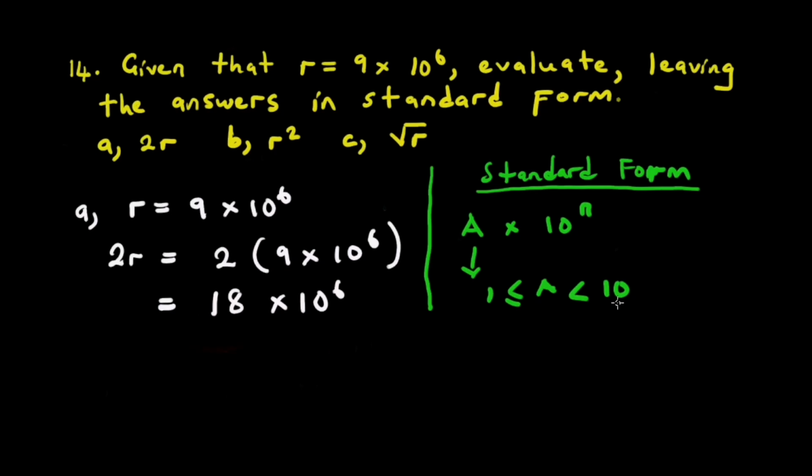A hakwanisi kuva 10, a hakwanisi kuva 11, etc. Saka izvi zvakutodisqualify 18 times 10 to the power 6 because 18 is greater than 10. It doesn't satisfy this condition. Then n yedu should just be a whole number. The power should be a whole number.